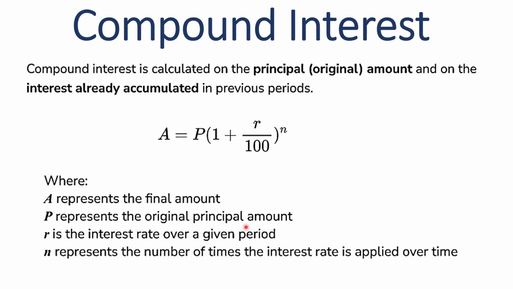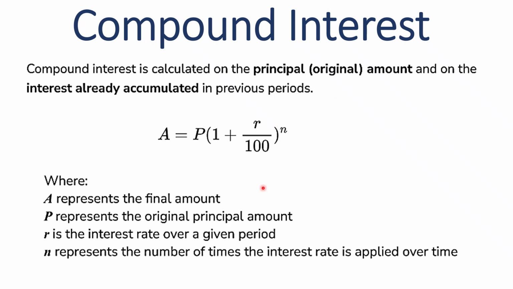P represents the original principal amount, the initial amount which you have borrowed. R is the rate of interest over a given period of time. N represents the number of times the interest rate is applied, for how many years it is getting applied. For example, if you have borrowed money for 2 years, or let's say 4 years, that will be your N, or you can write T also.